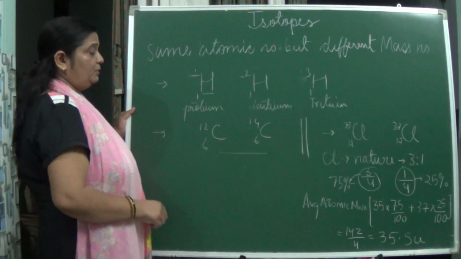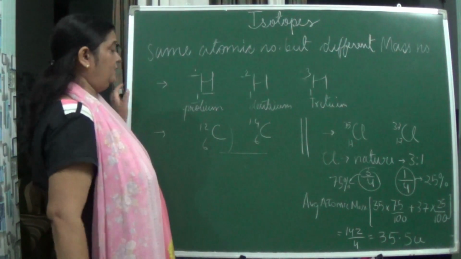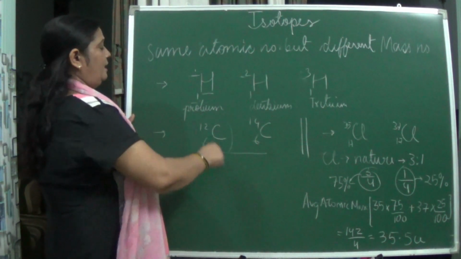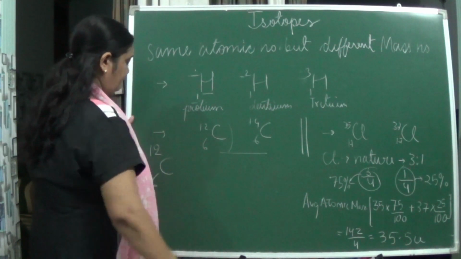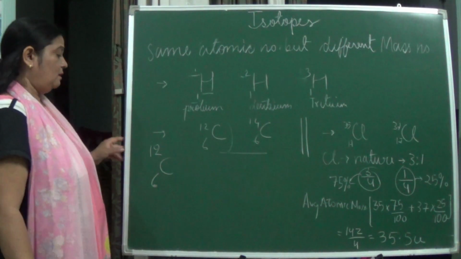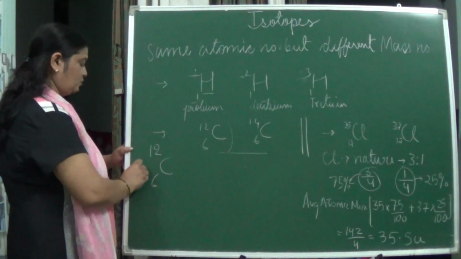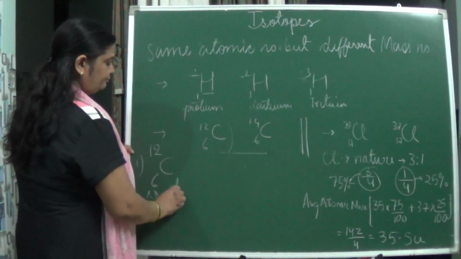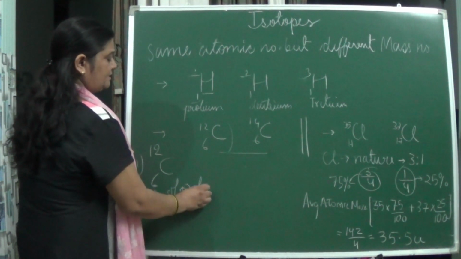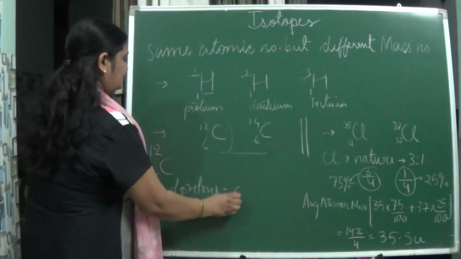If a question comes, let us see from here only. Like if I take carbon, this element C12 with atomic number 6, and I ask you the number of protons present in carbon in this case, you will write: number of protons is equal to 6, isn't it?